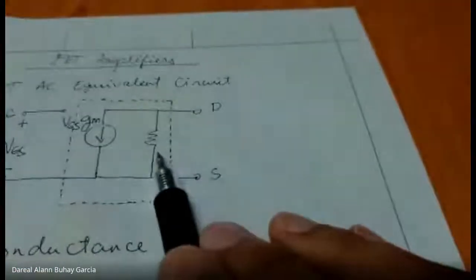The model that simplifies our device is a current source and, in parallel, a resistor.